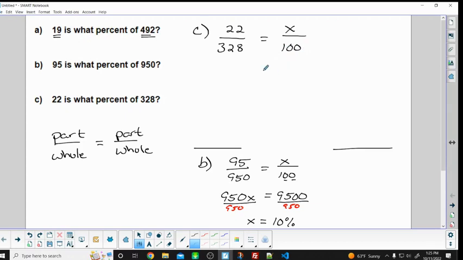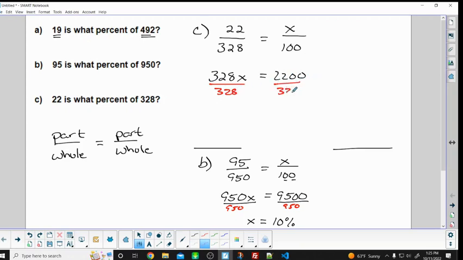Everything lines up. So let's do the cross multiplication. 328x is equal to 22 times 100, which is 2200. And then I'm going to divide both sides by 328.